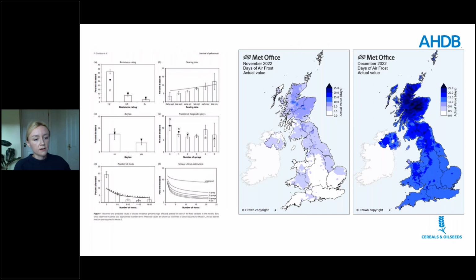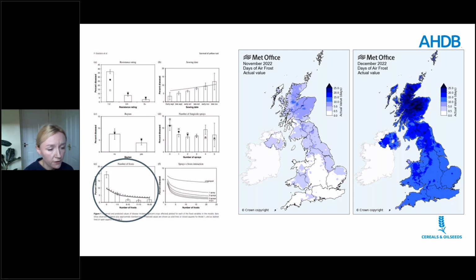The next factor to consider is what the weather was like over the winter. Going back to the Peak Ladders paper, we know very clearly that the number of air frosts is a big driver of the ability to knock back the early yellow rust population.